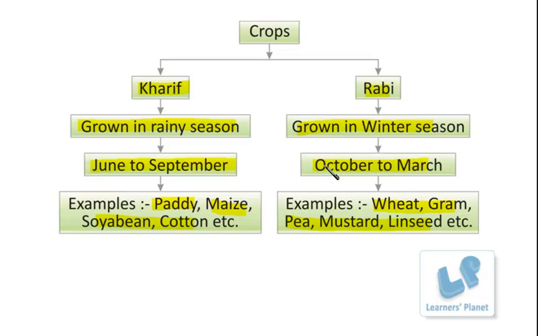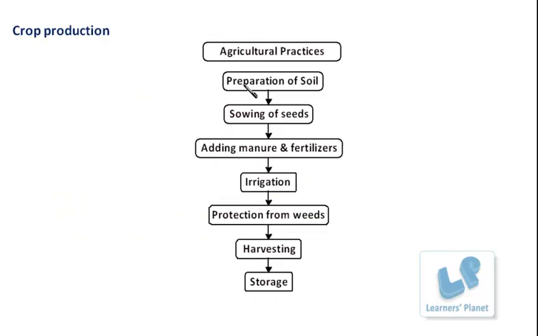Now I will explain to you the steps followed for the crop production, or the agricultural practices that are followed so as to produce the crop. See, the very first step is the preparation of soil, right? That means the soil is managed well enough so that it can support the growth of the crops. After preparing the soil, the next step is sowing of seeds.